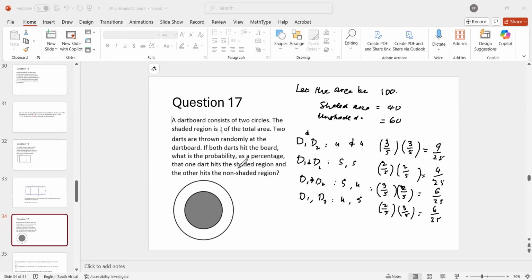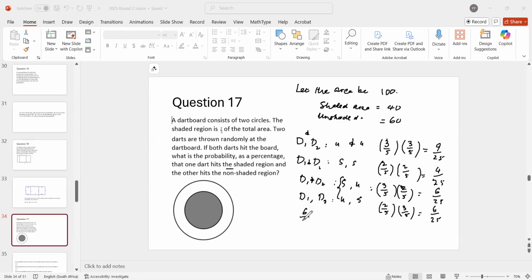So the question is now, what is the probability that one dot hits the shaded region? Doesn't tell you which one, right? And the other, it doesn't say whether it's the first dot or the second dot. And the second one hits the non-shaded region. So you have to take both these cases here, where the first dot hits the shaded and the first dot is unshaded.